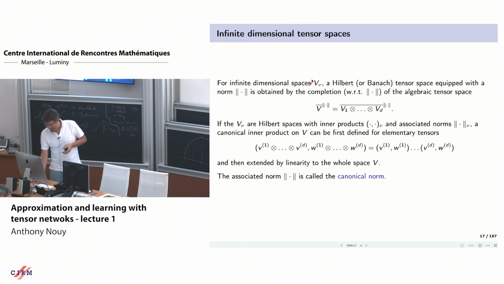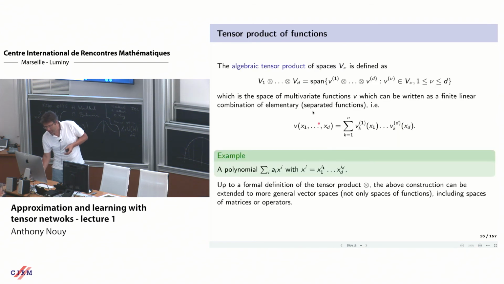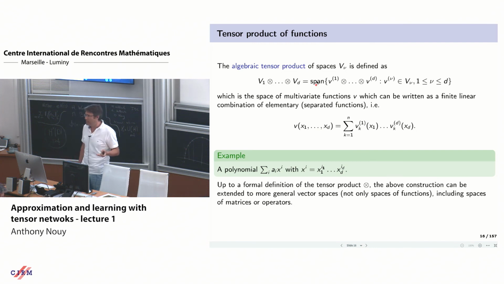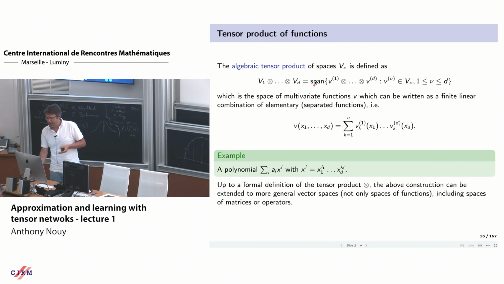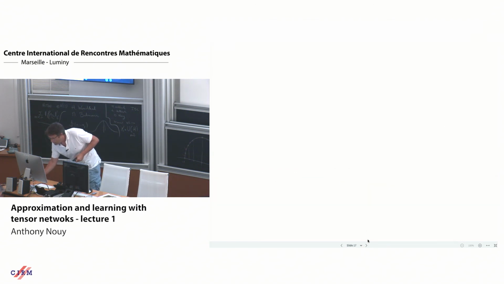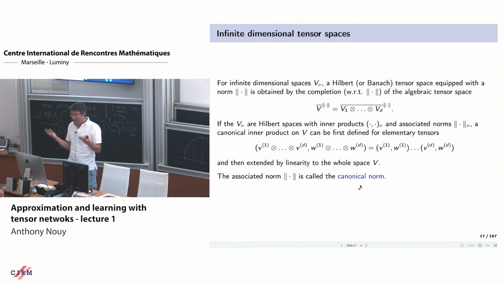And if these V nu are infinite dimensional, this is an infinite dimensional space, but in general, it will not be complete, okay? If you have spaces V1, V2, and so on that are infinite dimensional Hilbert spaces, this space will be an infinite dimensional space, not necessarily complete. So in order to have a Hilbert or a Banach tensor space, you will have to complete the space, okay?